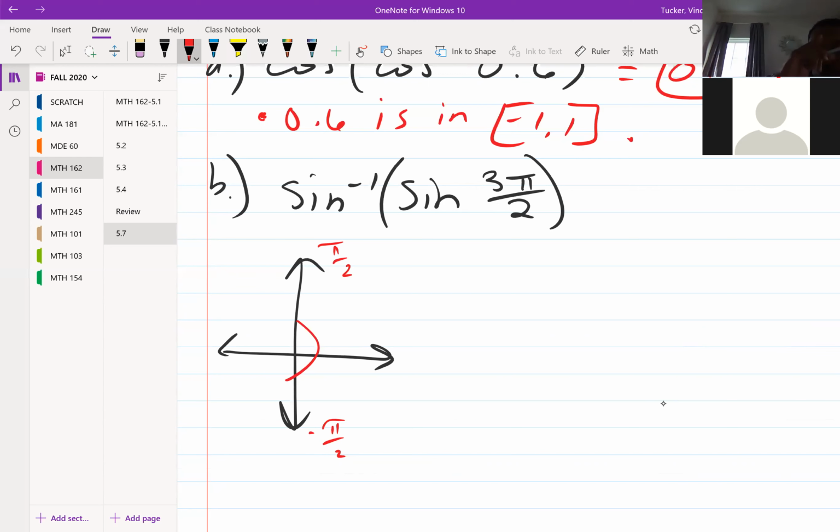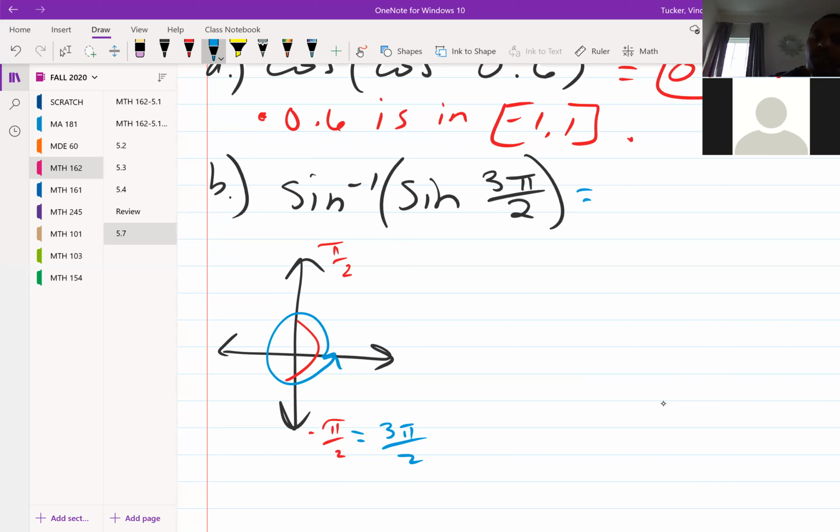But don't forget, on a positive rotation, negative pi over 2 is 3 pi over 2. So that means that it is in the rotation, so we're good to go.